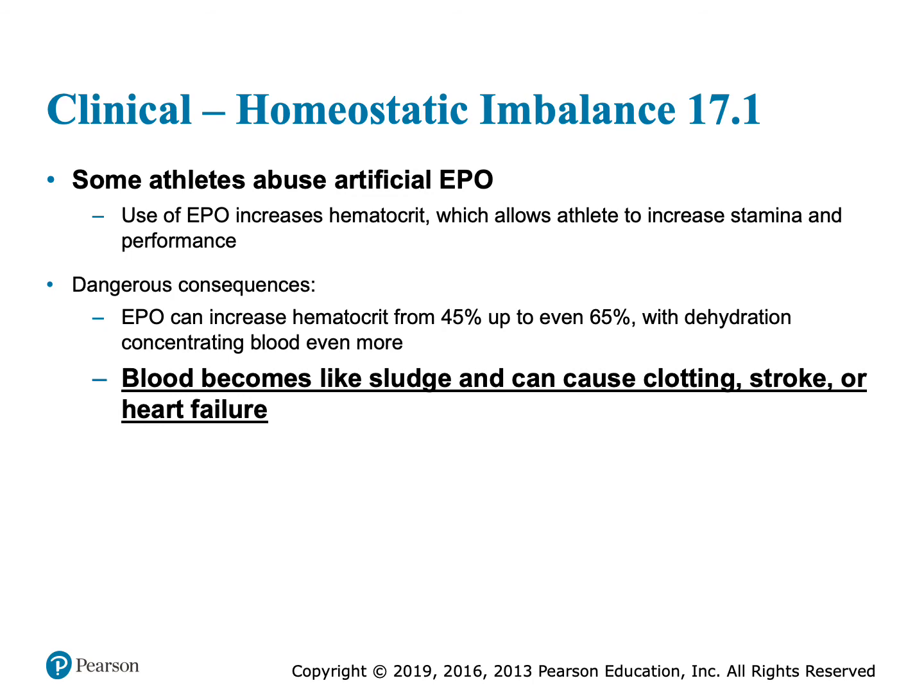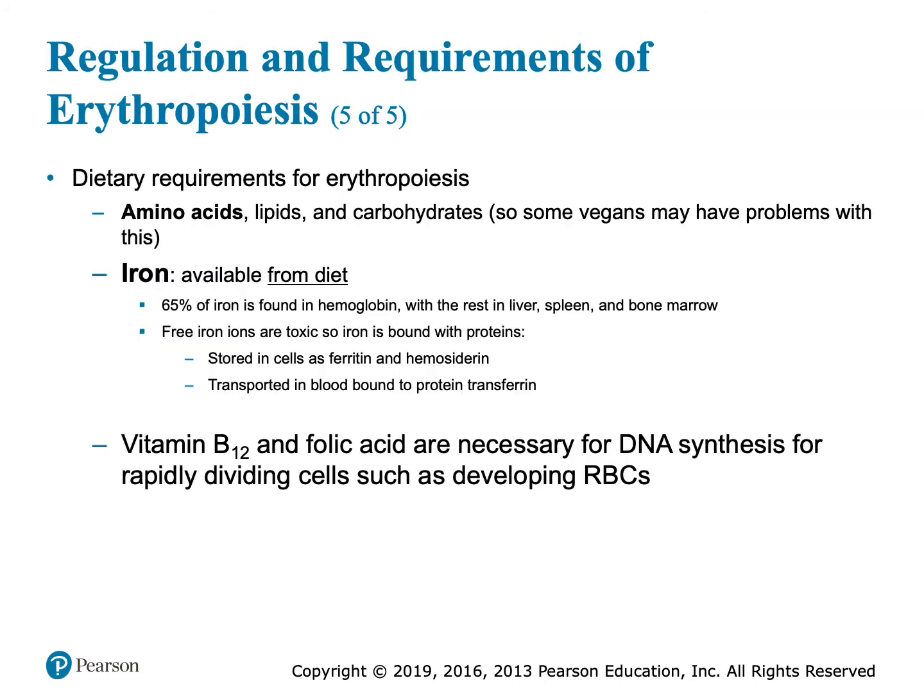But some goofball gets a hold of EPO and starts injecting themselves with EPO so they can have more red blood cells, so that they can carry more oxygen, so they have better endurance. But does their blood get thicker? Yes, it does. This thick blood can cause strokes, heart attacks, clots. Dangerous. Don't do it.